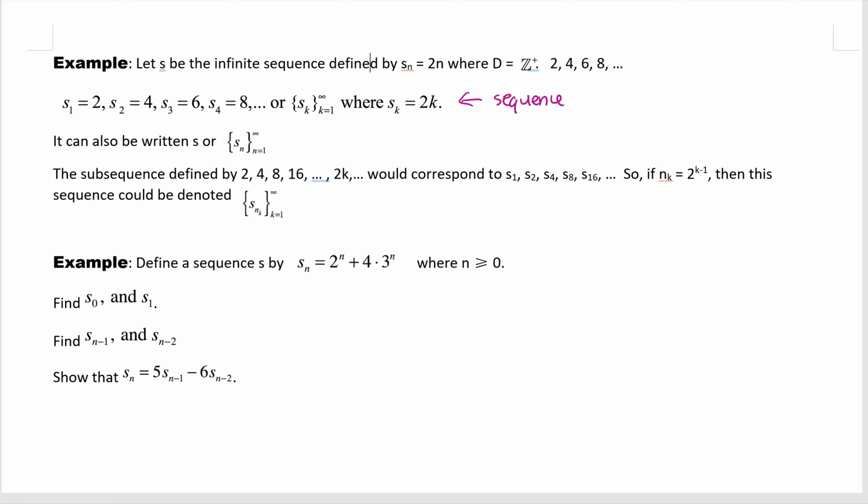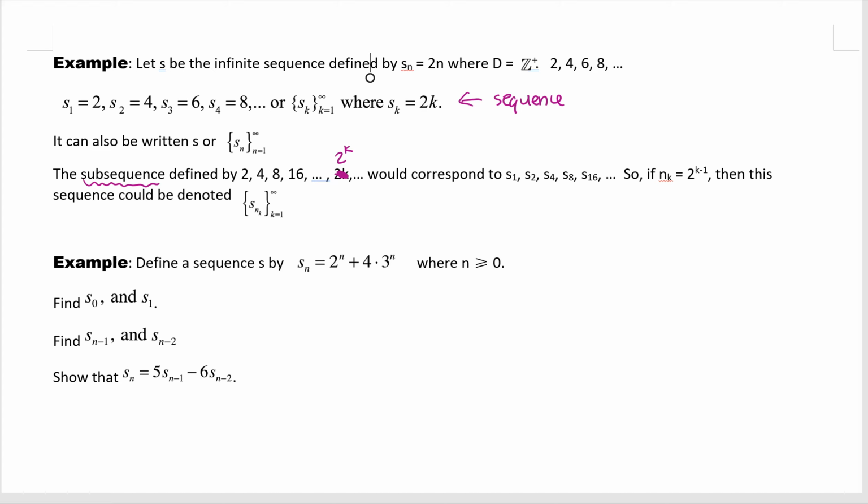Then the subsequence defined by 2, 4, 8, 16, 2 to the k corresponds to S1, S2, S4, S8.